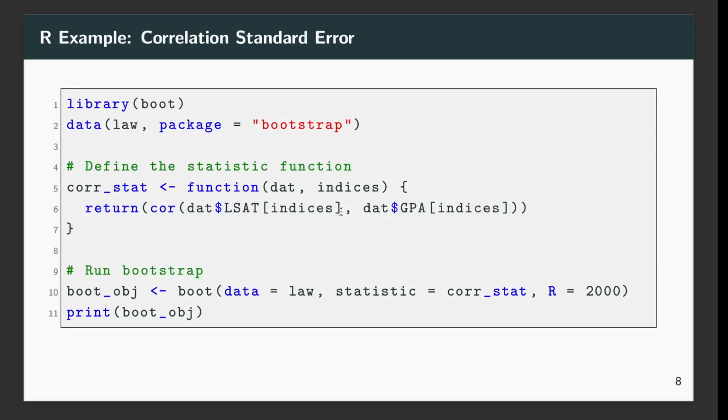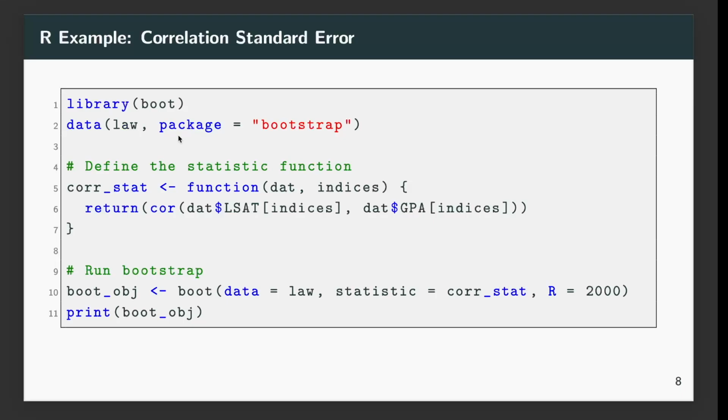Now let's look at how this is applied in the case of the correlation standard error. In this case, we want to compute the bootstrap standard error of a correlation coefficient. First, we need to use the boot package in order to run the bootstrap calculation.